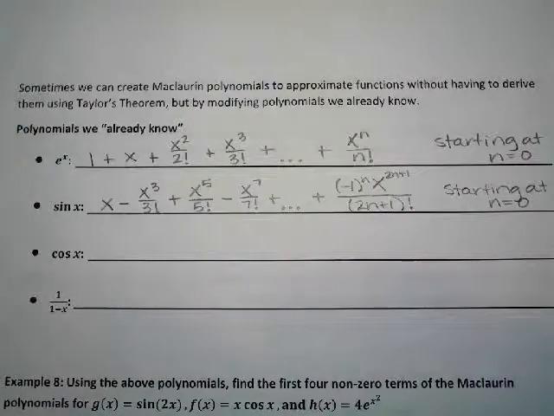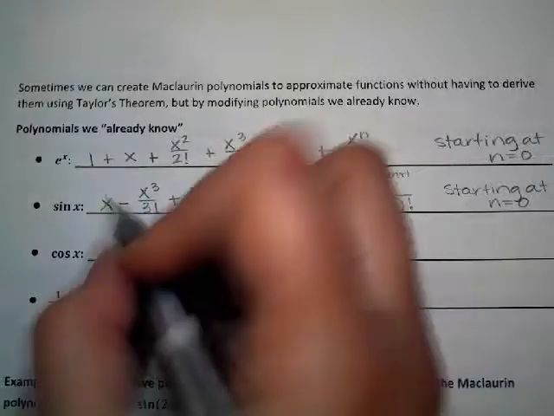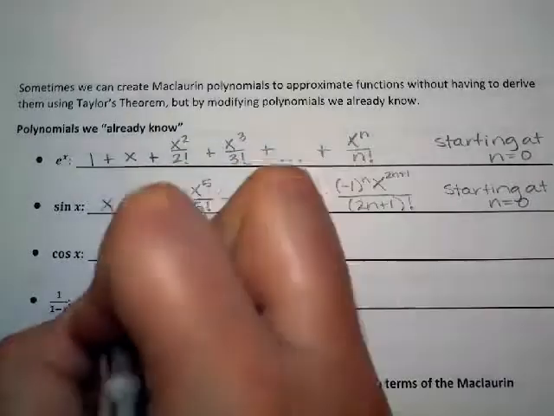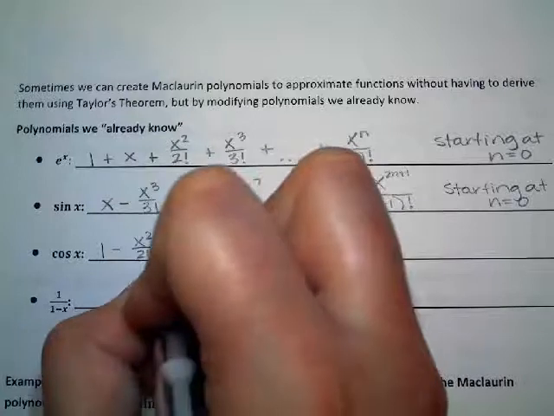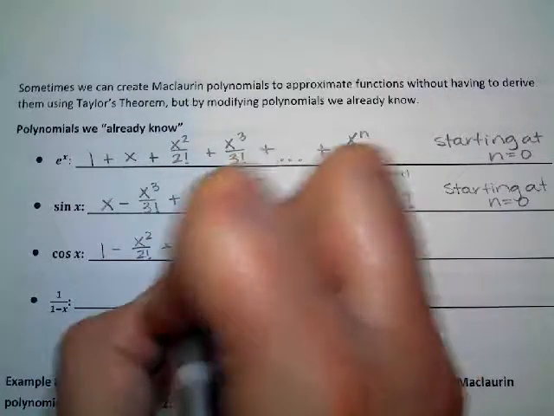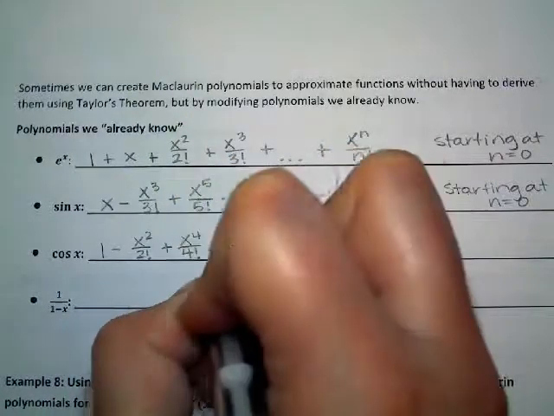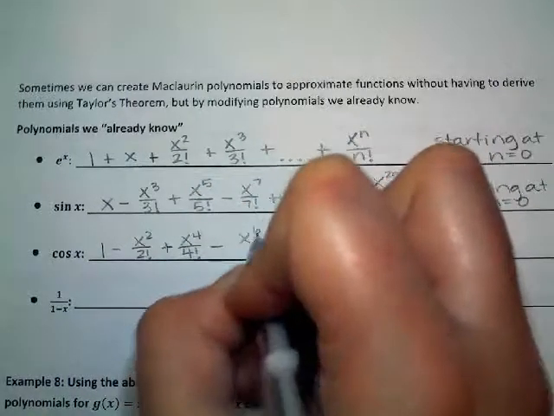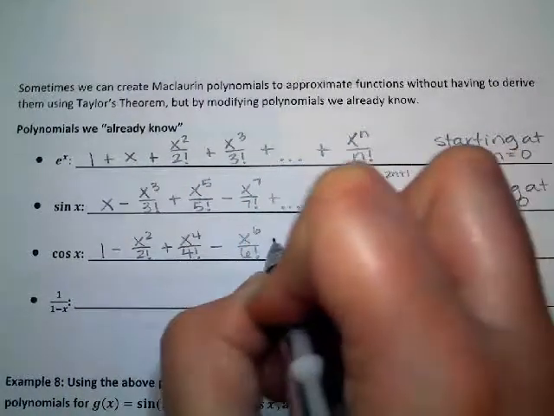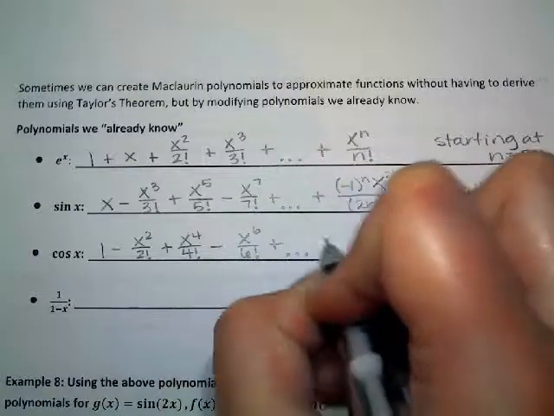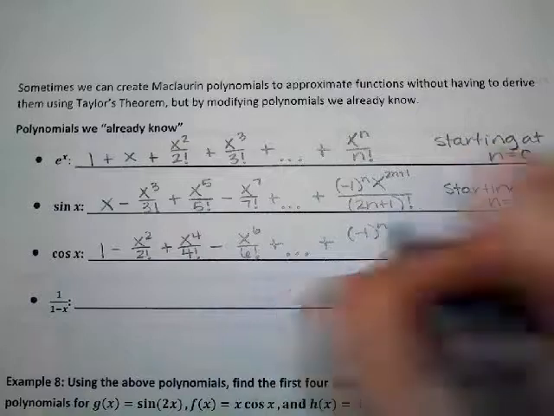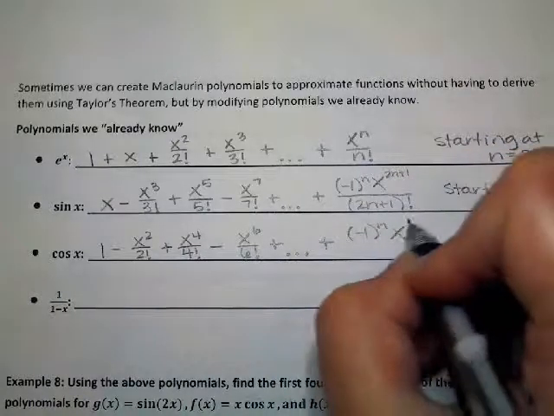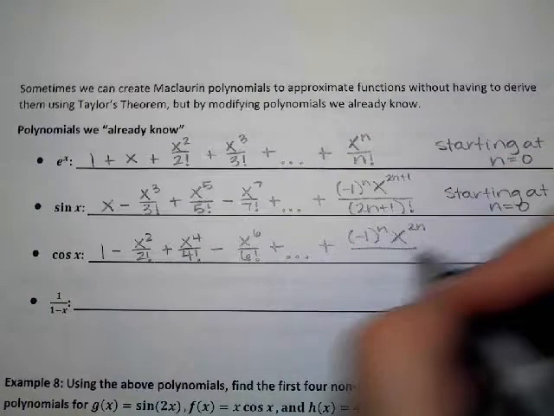So we've got 1 minus x squared over 2 plus x to the fourth over 4 minus x to the sixth over 6 plus dot dot dot plus negative 1 to the n, x to the 2n over 2n factorial, and this is also starting at 0.